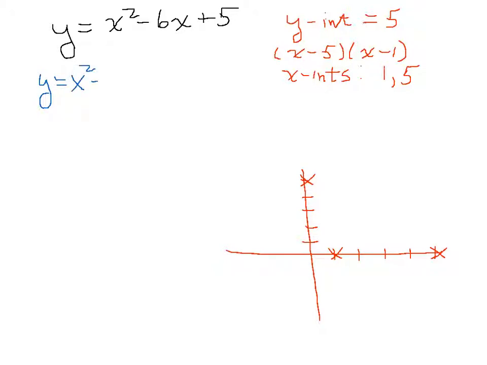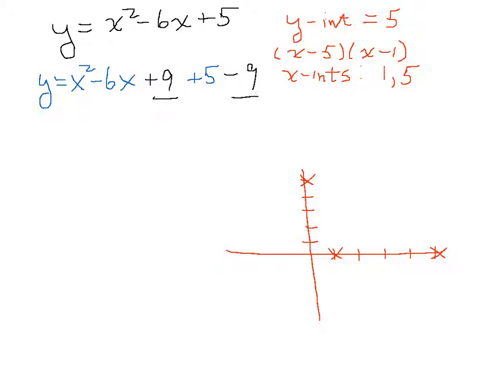X squared minus 6x, I take half of minus 6, which is minus 3, and I square it, and I get 9. Okay, so then I still have a plus 5, and then I have to counter by adding that 9 by subtracting 9.